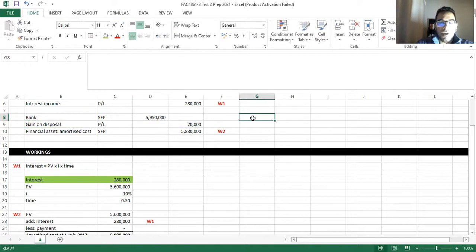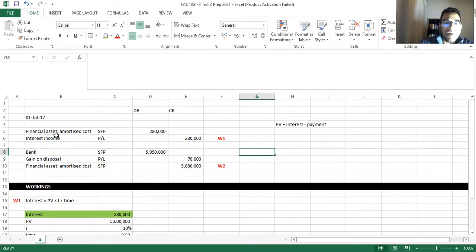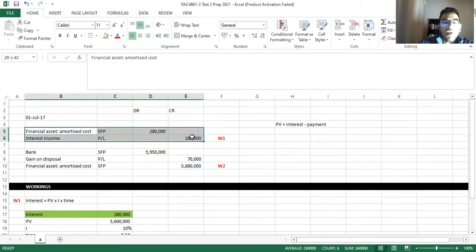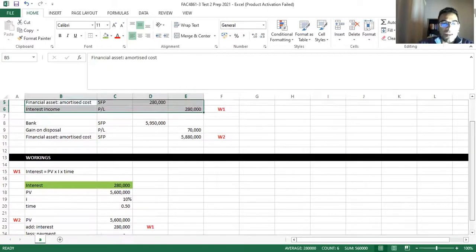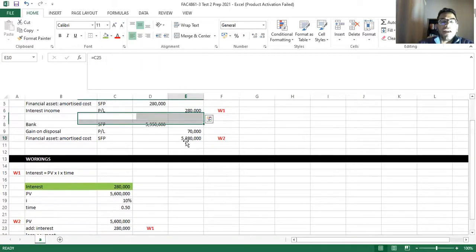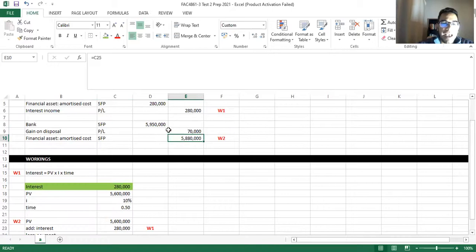The important thing to have picked up here is, first, you must still recognize interest income for the 6 months that you've earned it, irrespective of whether that payment transaction takes place. The second thing is that you don't get rid of the asset at the bank amount. You get rid of the asset at its amortized cost amount at the date of sale.